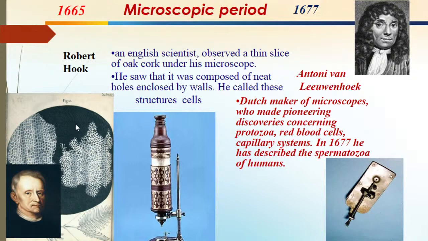This is the book of Robert Hooke named Micrographia, which also contains investigations of many living objects like insects and some other plants. And of course we have seen the classical Robert Hooke microscope, which consists of a tube, an ocular lens and an objective lens.